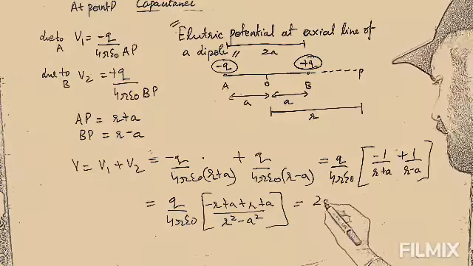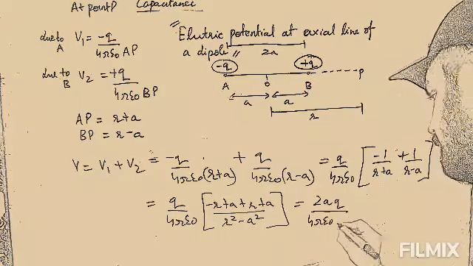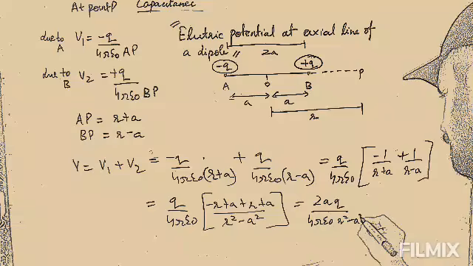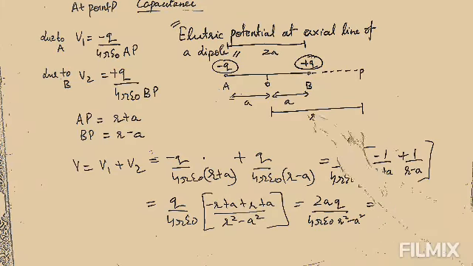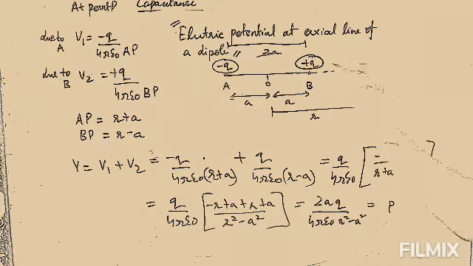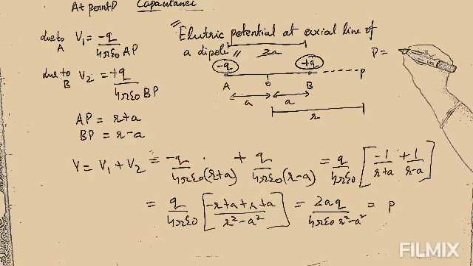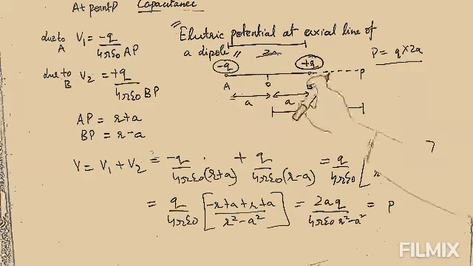So Q into 2a will be what? Dipole moment, over r square minus a square. Dipole moment is the product of either charge's magnitude and the distance between the two charges.